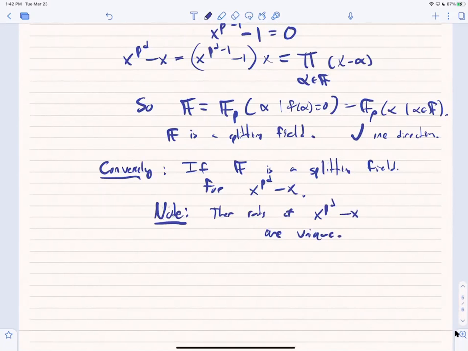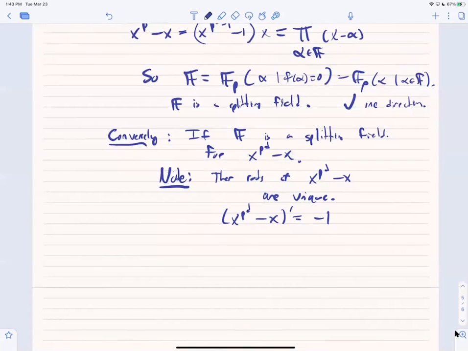Basically this follows from the fact that the derivative of this is -1, because p to the d goes to 0. We'll talk about this next time, but in this condition, you can check whether a polynomial has multiple roots by seeing whether it's coprime to its derivative, and this still holds for an arbitrary field. Okay, and so this is going to tell us that the roots are distinct.